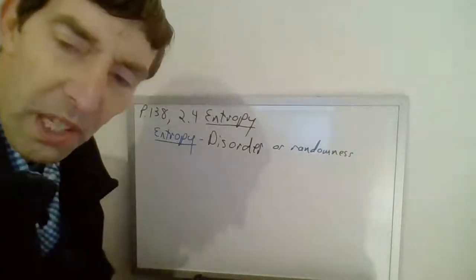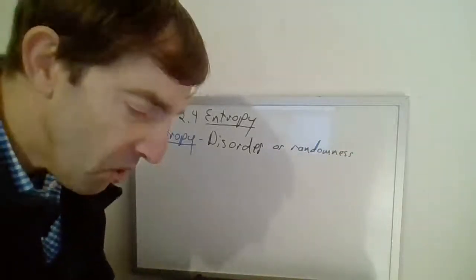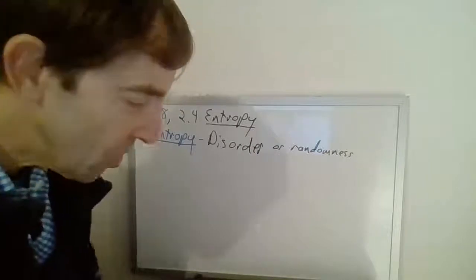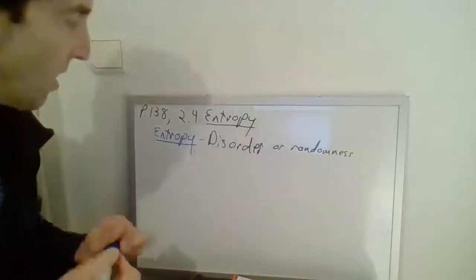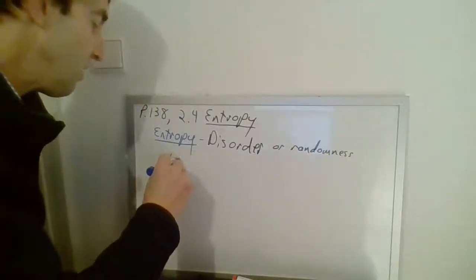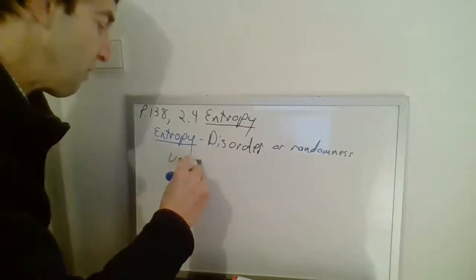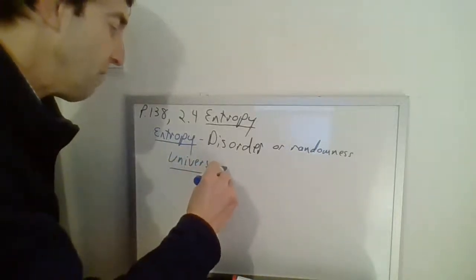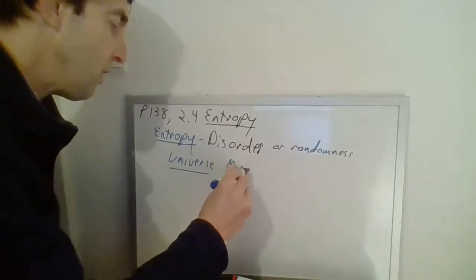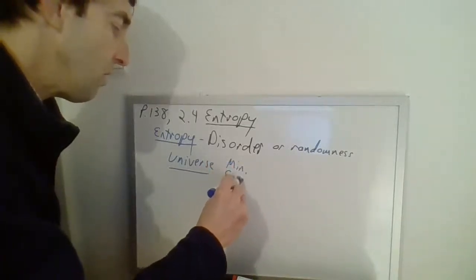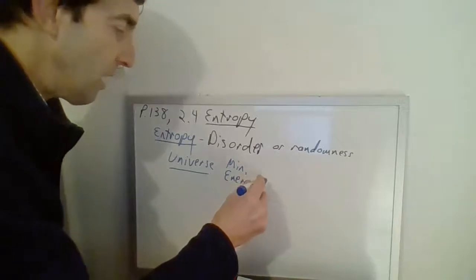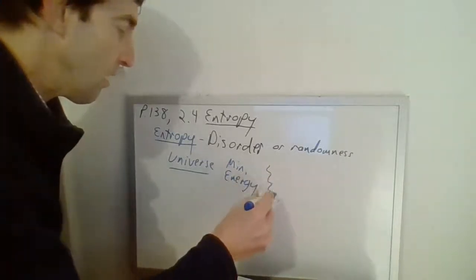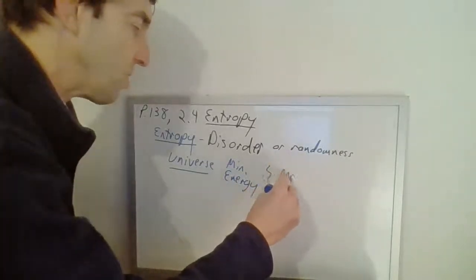Now, here's a cool thing about the universe. The universe is a constant battle between two things. Here's a little philosophy for you, okay? Universe. It's a battle between minimum energy and maximum disorder.